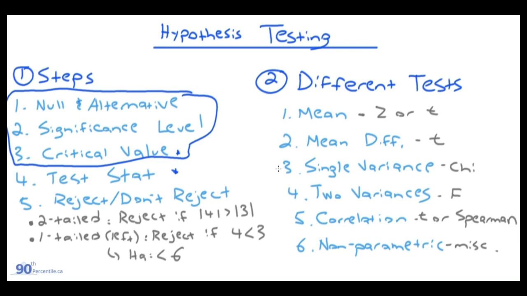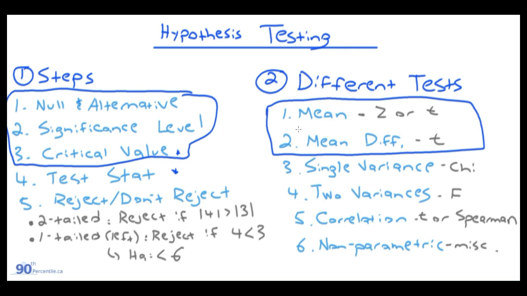Some of them get really, really messy. If I'm just looking at this list here, I'm going to highlight these 2 for now because these are most likely to show up on exam day. We'll talk about the other ones in a little bit, but just one thing to note is that depending on which test and which distribution you're using, you're always going to have a different formula to calculate your test stat.